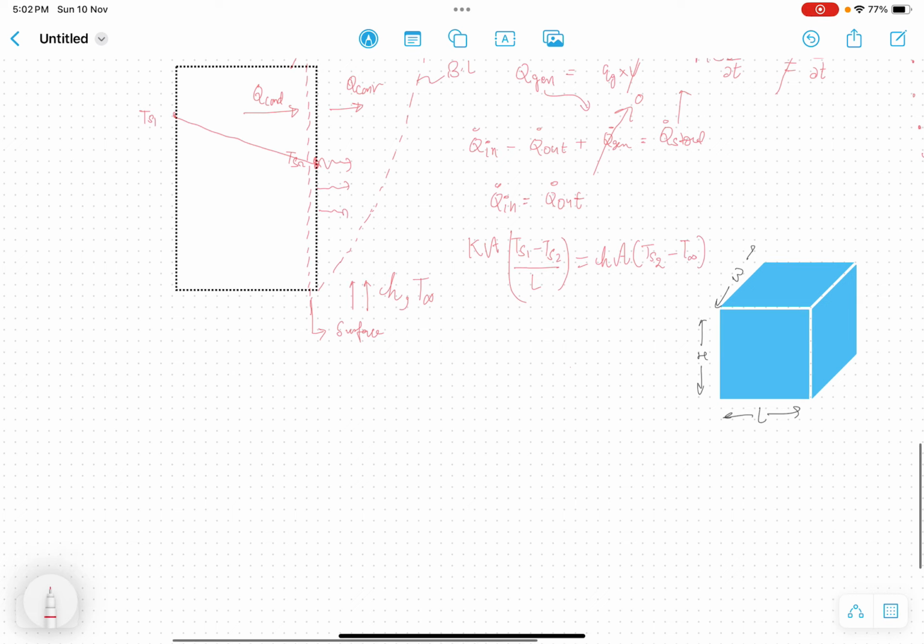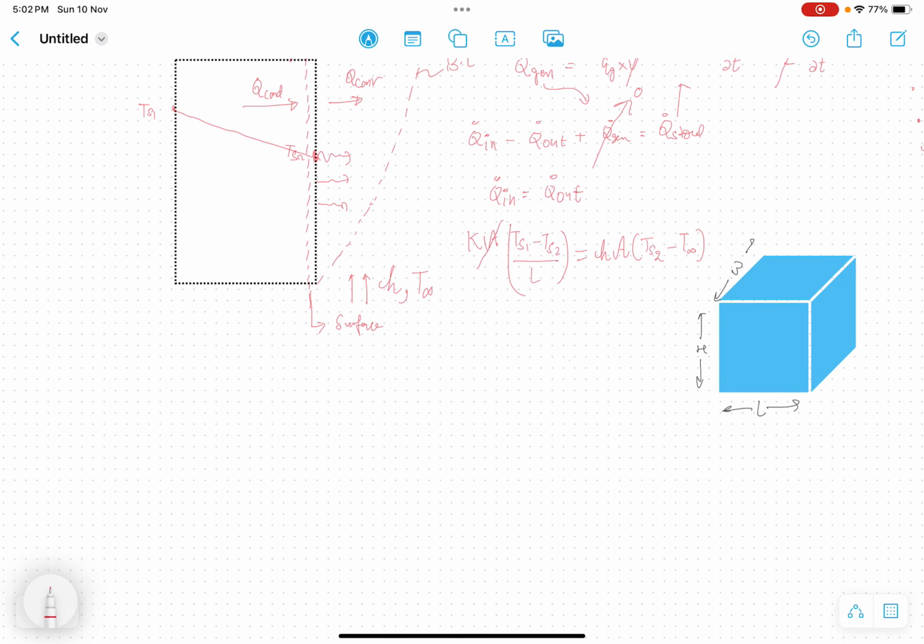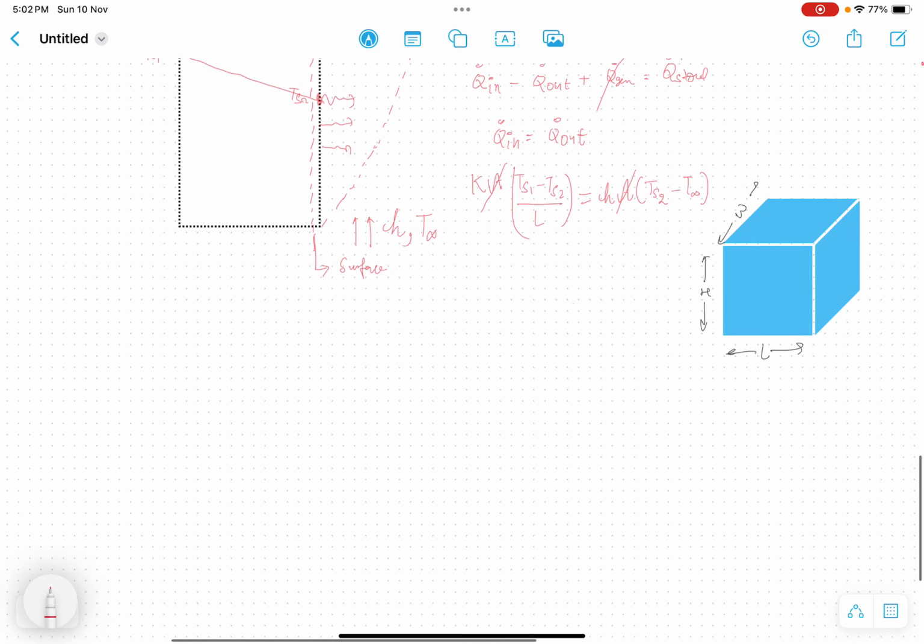If we rearrange this expression, the surface area will cancel on both sides, but we can keep it. So Ts1 minus Ts2 divided by Ts2 minus T infinity equals H times A times L divided by K A.